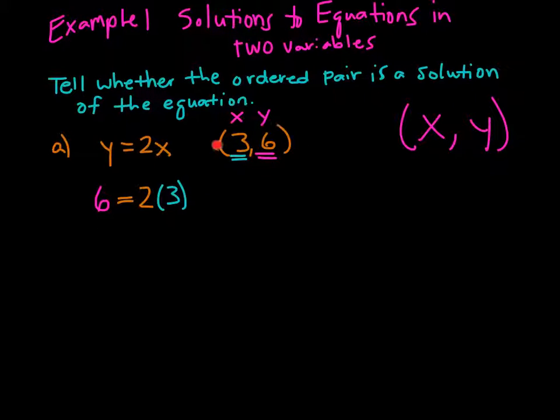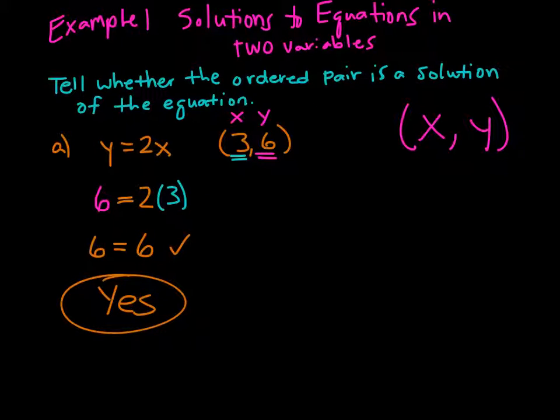Now I can solve. I'm going to leave my 6 because there's nothing to do over there. 2 times 3 happens to be 6. So is y equals 2x with our ordered pair of 3, 6 a solution? My answer would be yes, because 6 does equal 6.